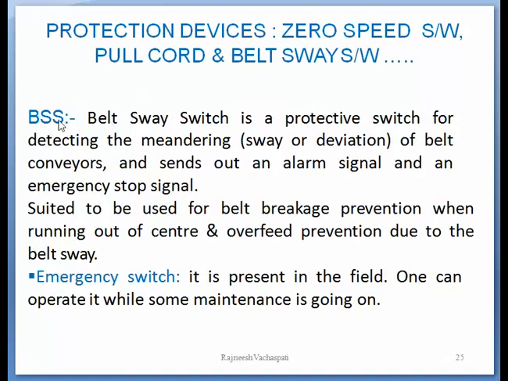Belt sway switch is a protective switch for detecting the mistracking of belt conveyors and sends out an alarm signal and an emergency stop signal, suited to be used for belt breakage prevention when running out of center and overfeed prevention due to the belt sway.